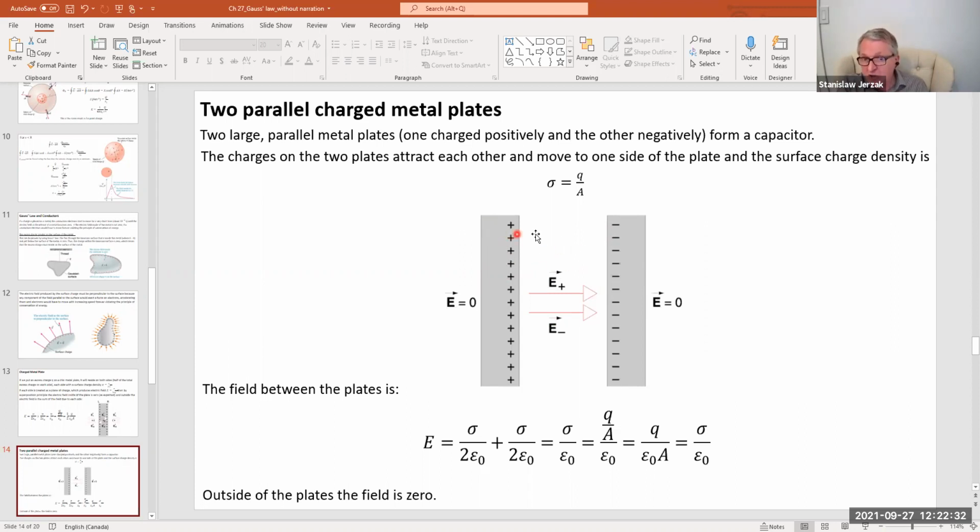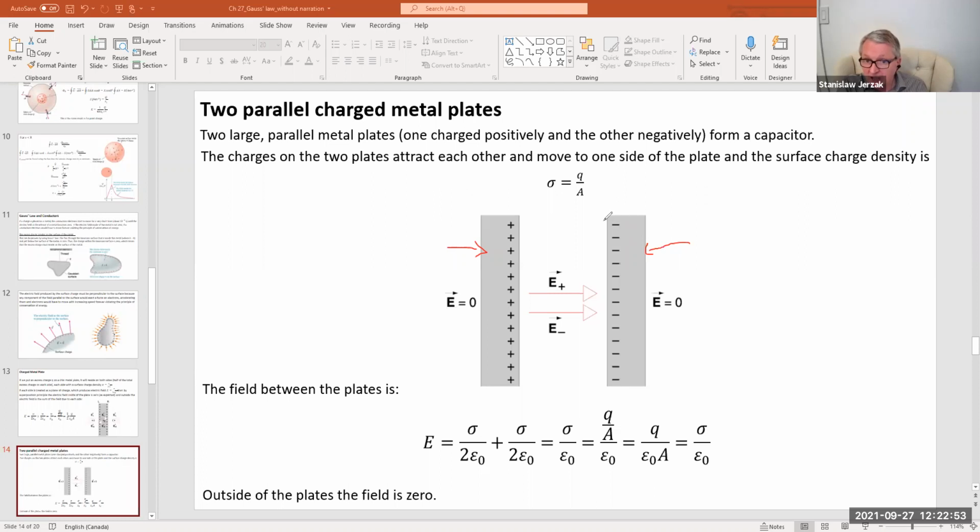that positive charge will attract negative charge, and of course negative charge attracts positive charge. So this time, all that excess charge on each sheet will be located only on one side of the metal. There will be no charge on that side.